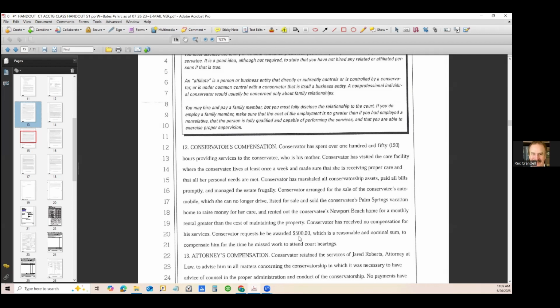Typically, when the conservator has time, I like to make sure that the fee they're given does not go above $50 an hour. Contra Costa Superior Court, within their local court rules, does provide that a non-professional fiduciary can go up to $75 an hour in fees. A professional fiduciary, if I recall, is like $150 or $175.